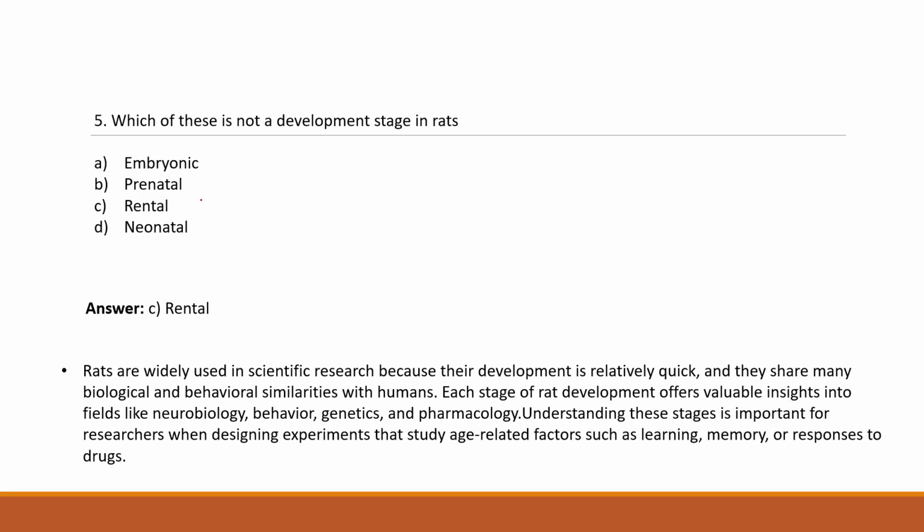You cannot take a completely grown adult rat and correlate it with a children's study. That will be wrong. If you're studying something at the puberty level of humans, then you should also take an adolescent stage of the rats.